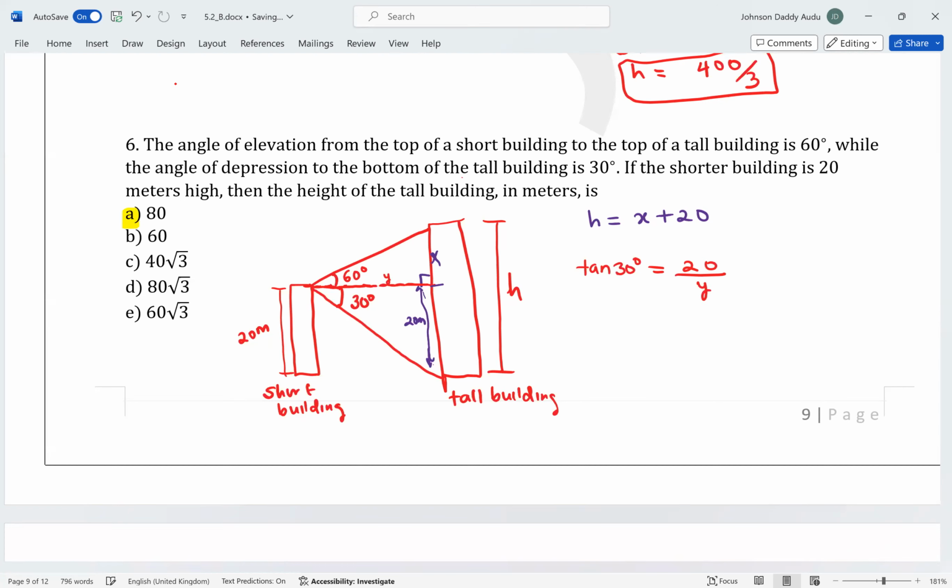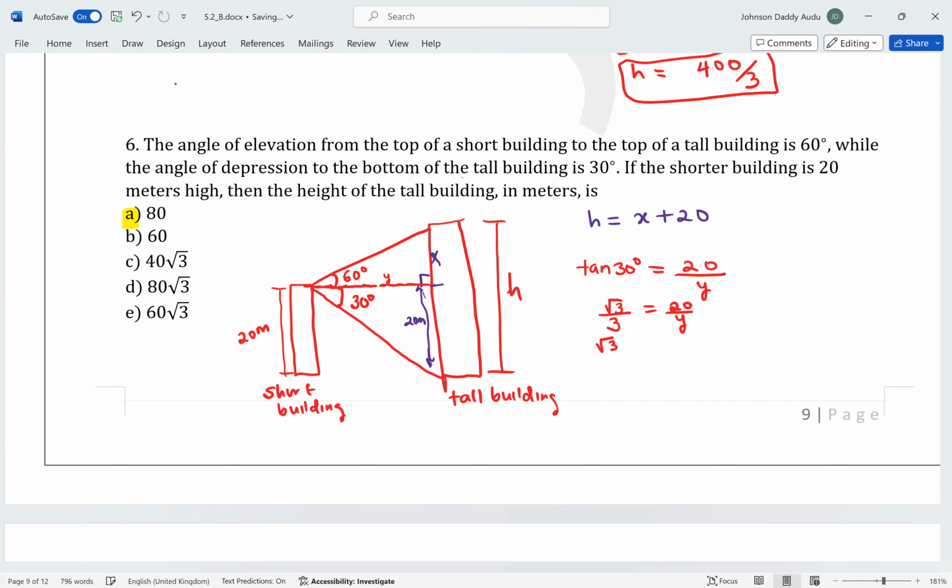So 20 over y. Because I'm using 30, this is opposite over adjacent. So tan 30, which is root 3 over 3, is 20 over y.